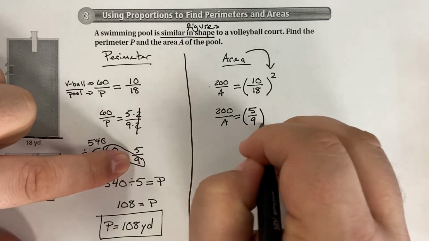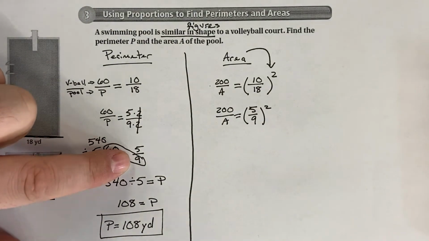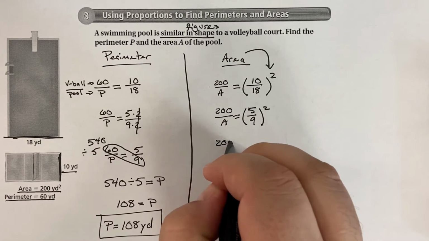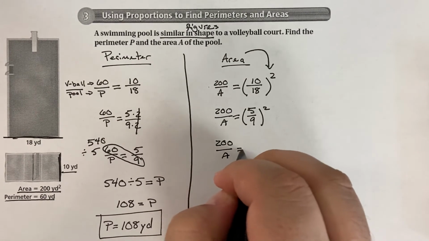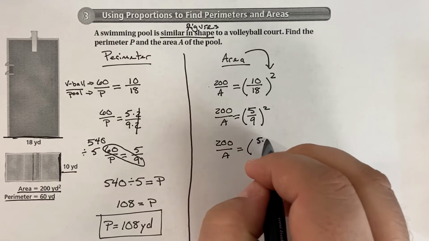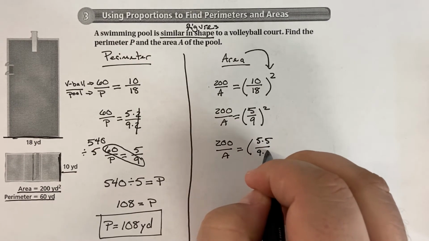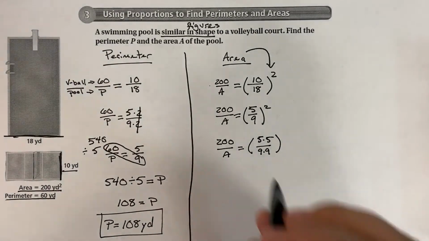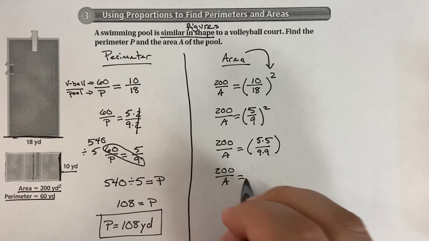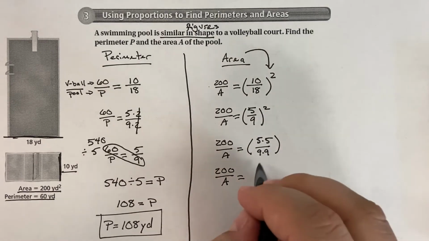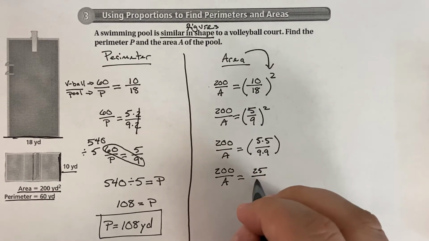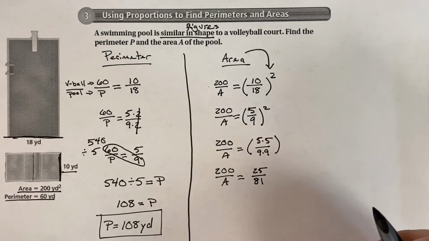Now I have to keep my squared, and this is mostly to save some room, because I need to include for area that squaring this is the same as 5 times 5 over 9 times 9. And then I'm going to get 200 over area of my pool is equal to 5 times 5 is 25 over 9 times 9, which is 81.